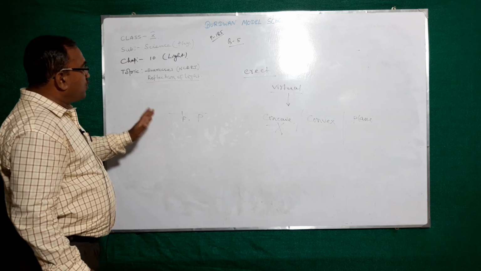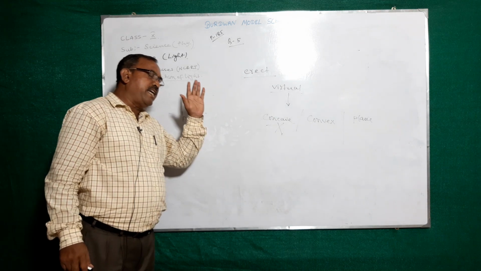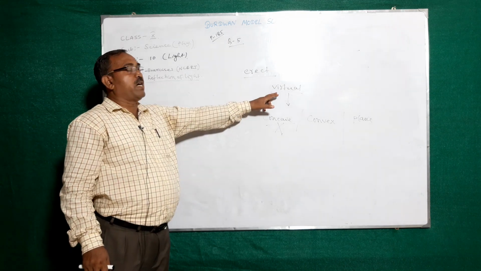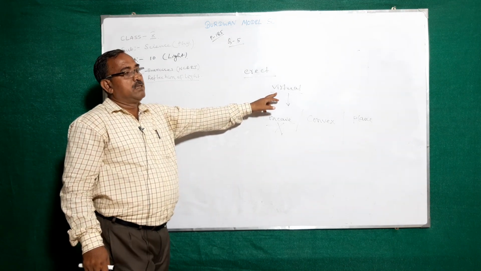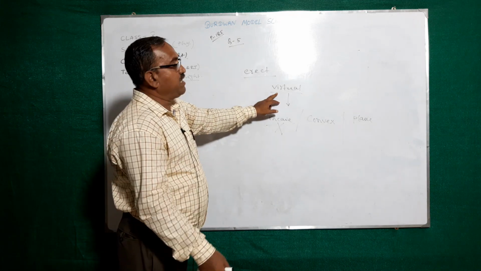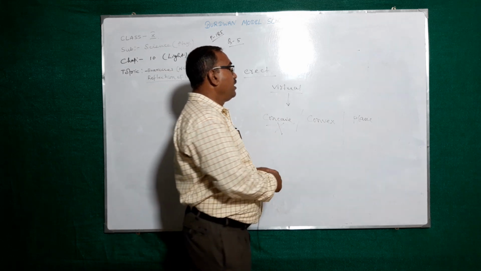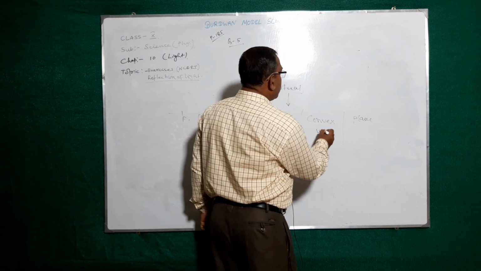If you put this object in front of the mirror, at any position in front of the mirror, the image will form virtual. But diminishing means smaller in size, so it may be correct.